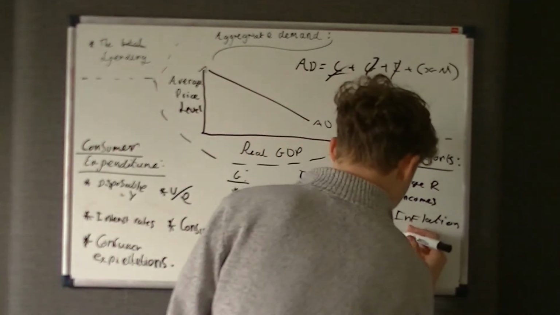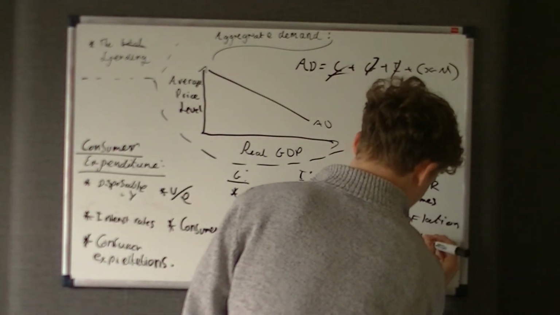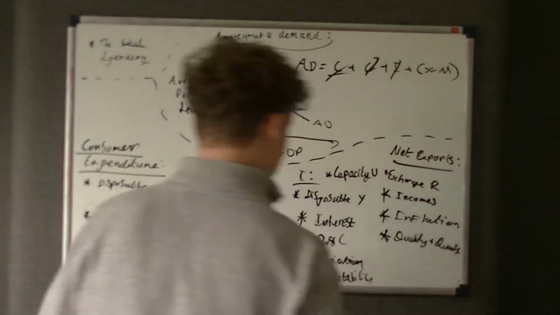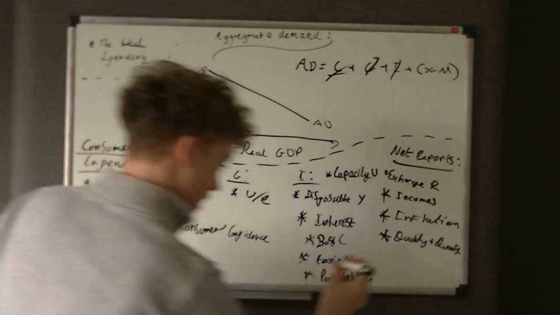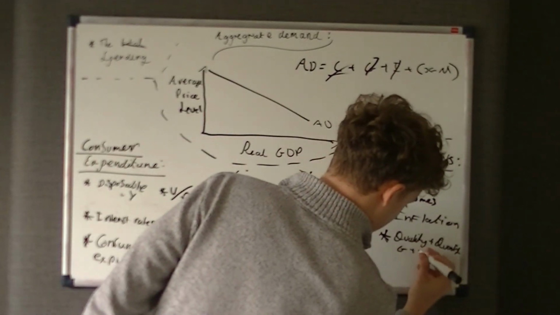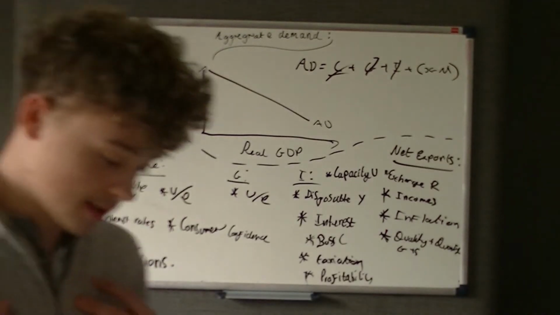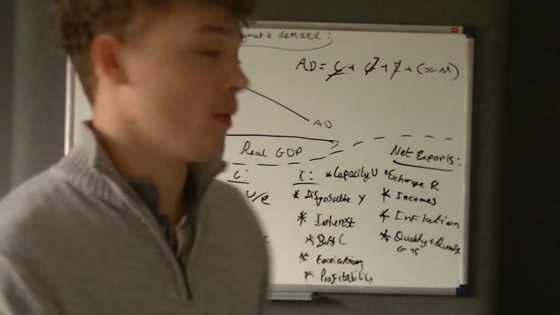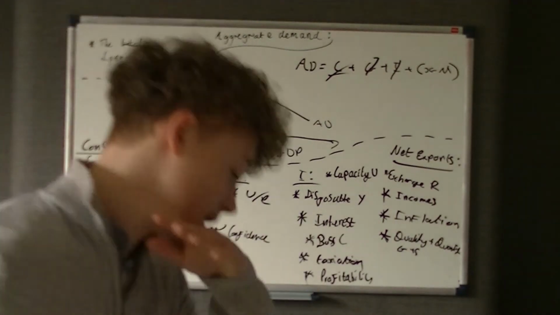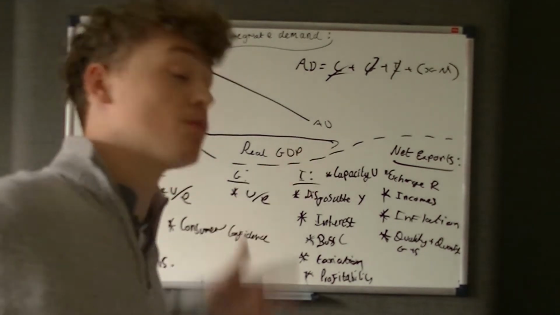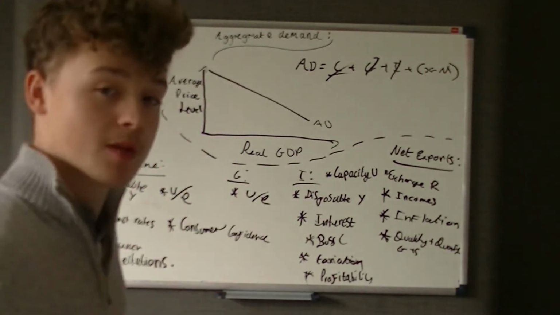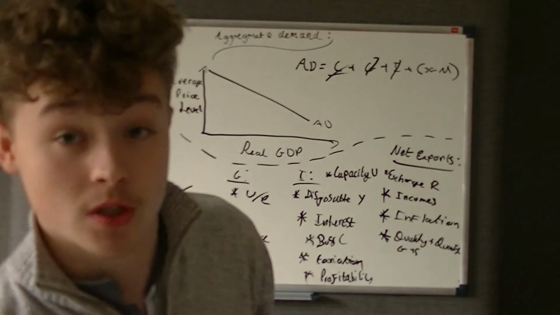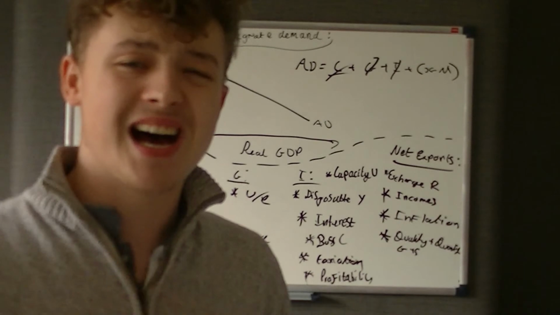Quality of goods and services. So I just put quality plus quantity. Now the quality and quantity of G plus S is quite self-explanatory, really. So if quality increases in this country, we're going to export more and import less, as our domestically produced goods appear better and tend to be cheaper and of better quality.